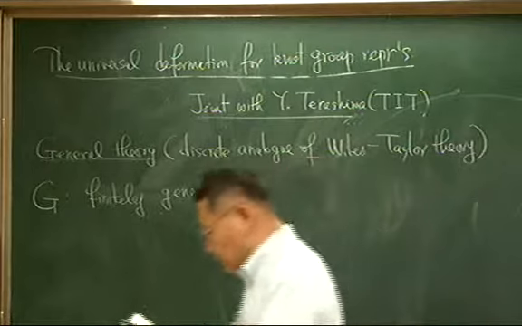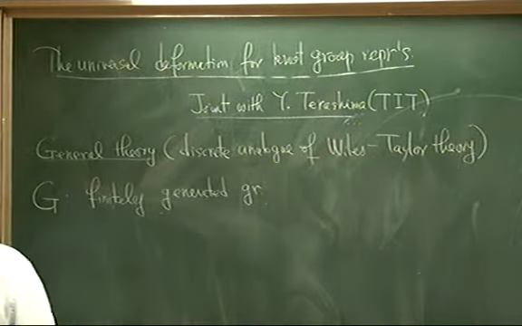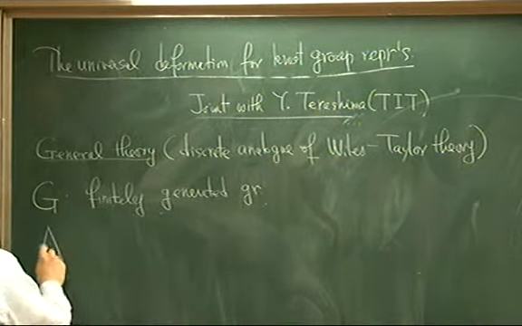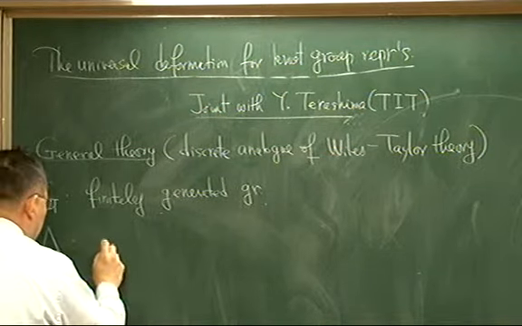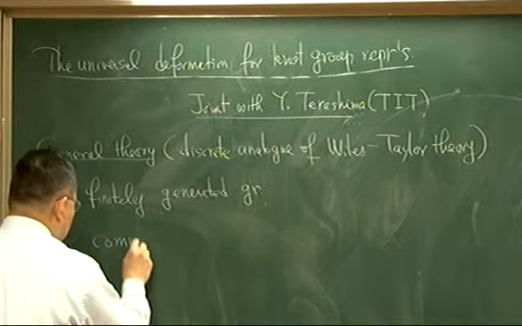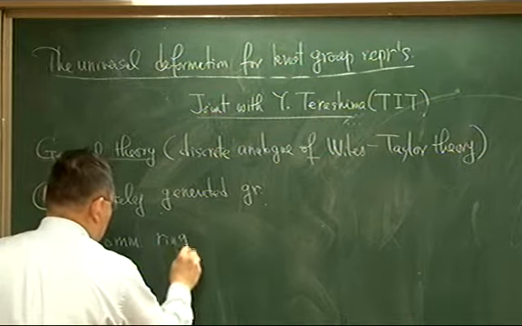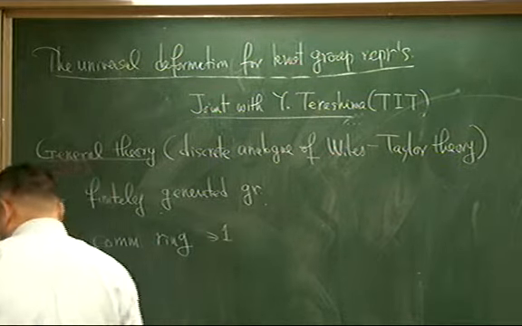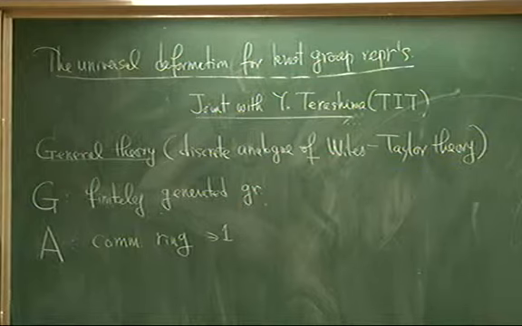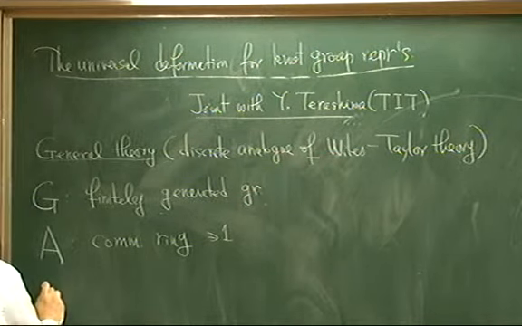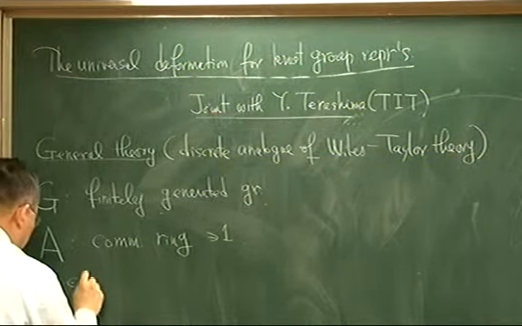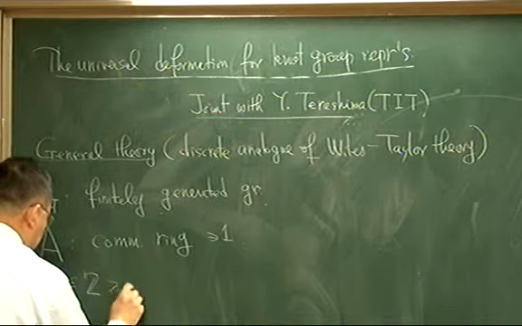Any finitely generated group can be applied to the following story. Let A be any commutative ring with identity element, and let n be a positive integer.